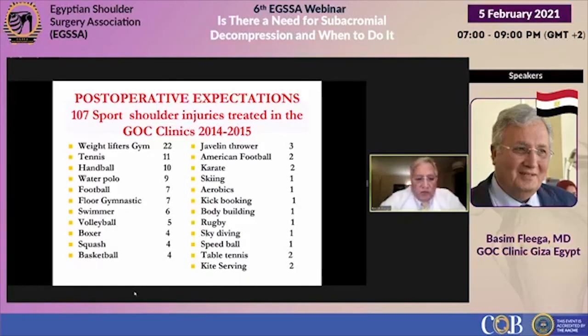These patients want to go back quickly to their sport, which may cause failure of the treatment and recurrent bursitis. So it is very important to follow these patients and always keep them in contact with the clinic until they are completely relieved and ready to go back to their sport, which may take even up to 4 months.